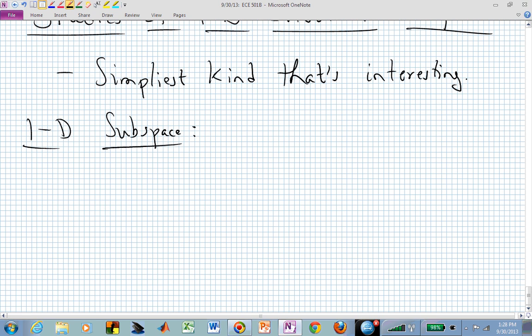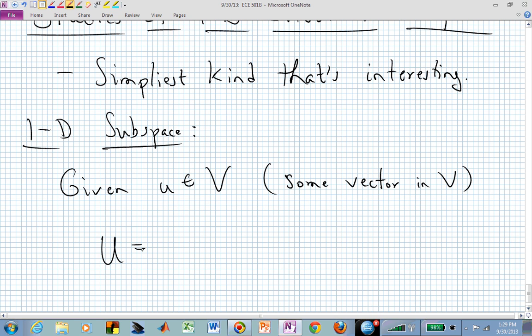What does it mean to have a one-dimensional subspace? Suppose we are given a vector u in V. So this is just some generic vector in V. And suppose that we now create this subspace U out of that vector.